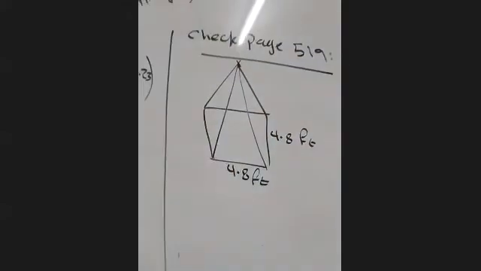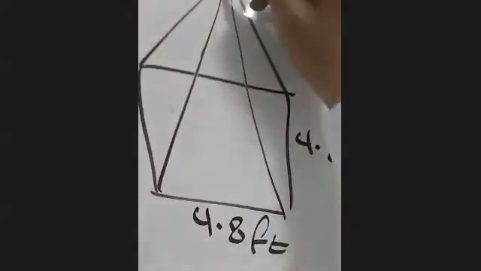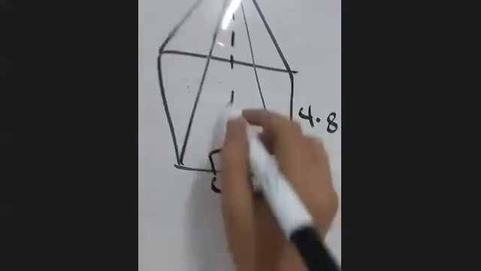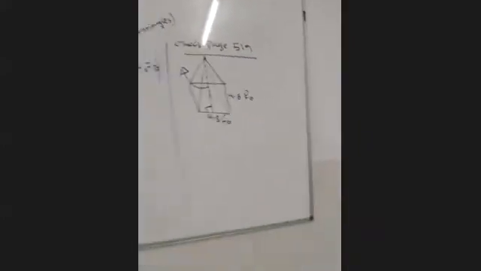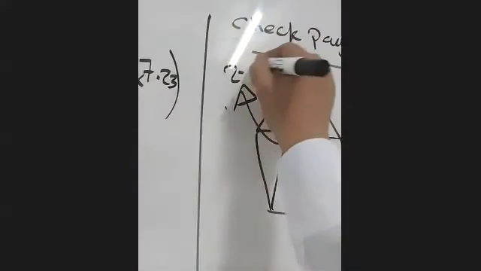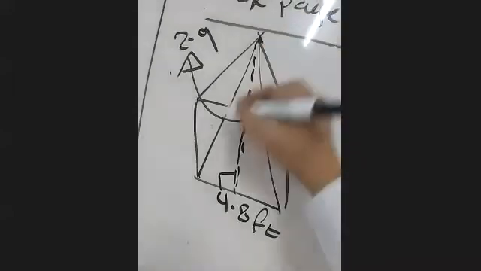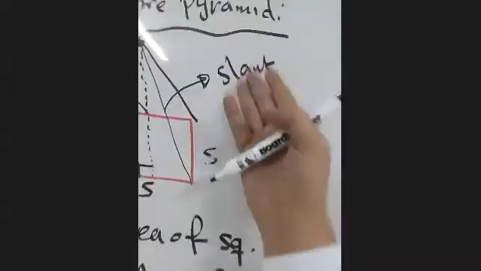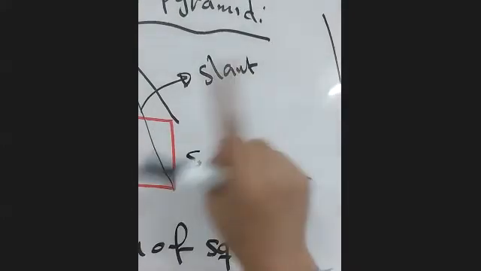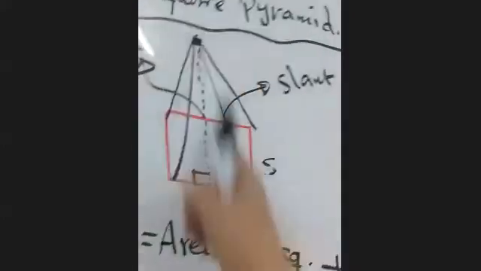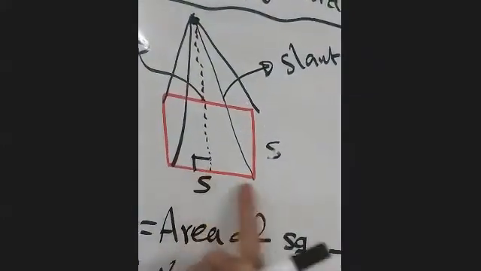And the height of the pyramid is given, 2.9. In your check, they gave you this side and this side. We call them the slant. The slant, we don't need it in the area. We need the height with the right angle of the base.